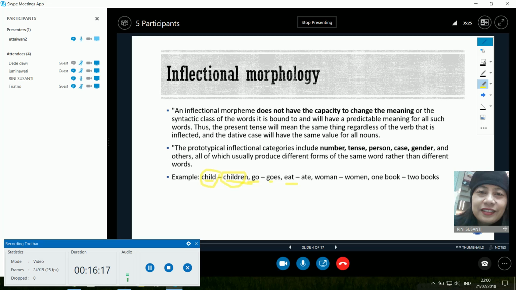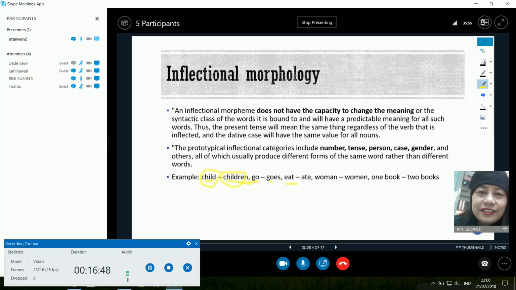Sampai sejauh ini bisa dipahami apa artinya inflectional morphology. Inflectional itu artinya imbuhan. Jika dalam bahasa Indonesia, imbuhan itu kan contohnya makan, dimakan. Tapi kalau dalam bahasa Indonesia tidak ada imbuhan untuk kalimat. Misal kalau dalam bahasa Inggris satu anak itu one child. Tapi kalau dua anak bukan two child tapi two children.